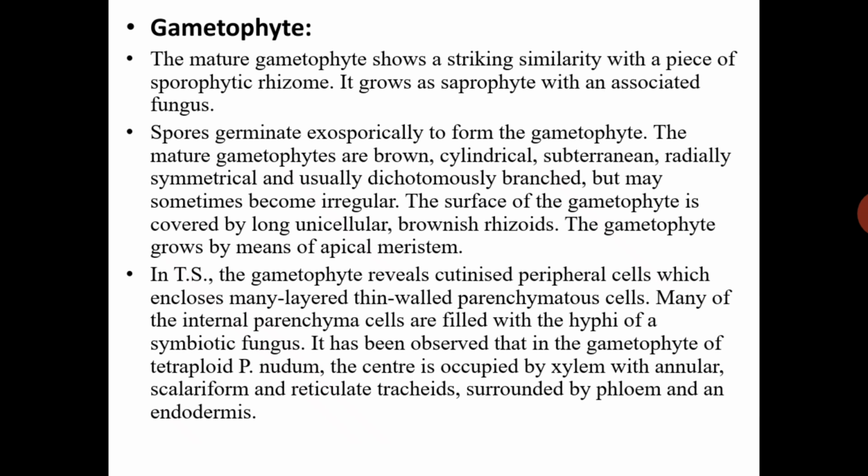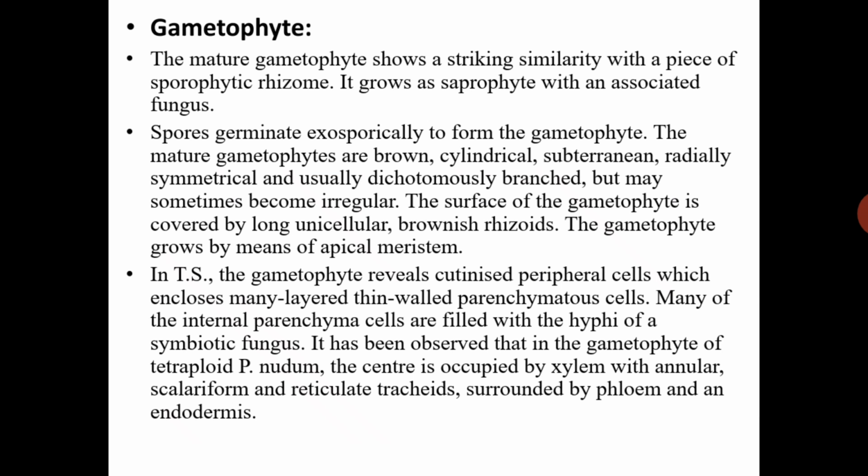So next, gametophyte. Now you have studied the sporophyte. Here comes the gametophyte. The mature gametophyte shows a striking similarity with a piece of sporophytic rhizome. It grows with an associated fungus. Spores germinate exosporically to form a gametophyte.